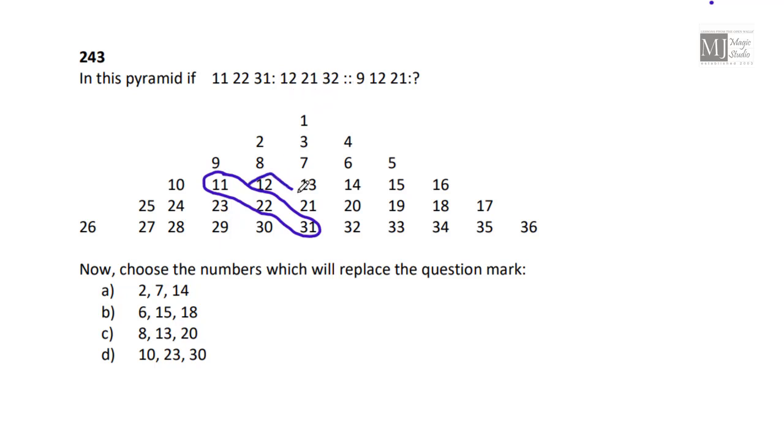That means we take the base numbers together and select three numbers above. Then 9, 12, 21 should be equivalent to, if I make the base with 21 and 20 and select three numbers, 8, 13, 20.